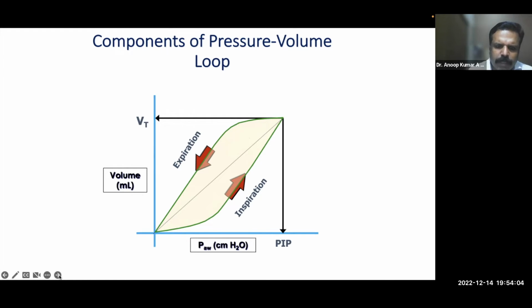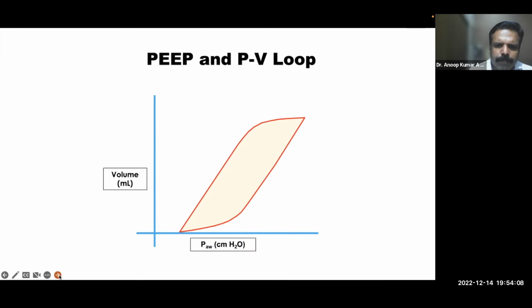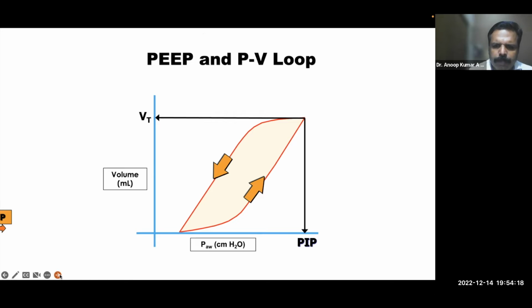Now coming to the other aspects of the PV loop again. This is the normal PV loop. We have an inspiration and an expiration, as we have already told. The upper part corresponds to the tidal volume, and we have the inspiratory peak pressures as well. So here, what is the difference?